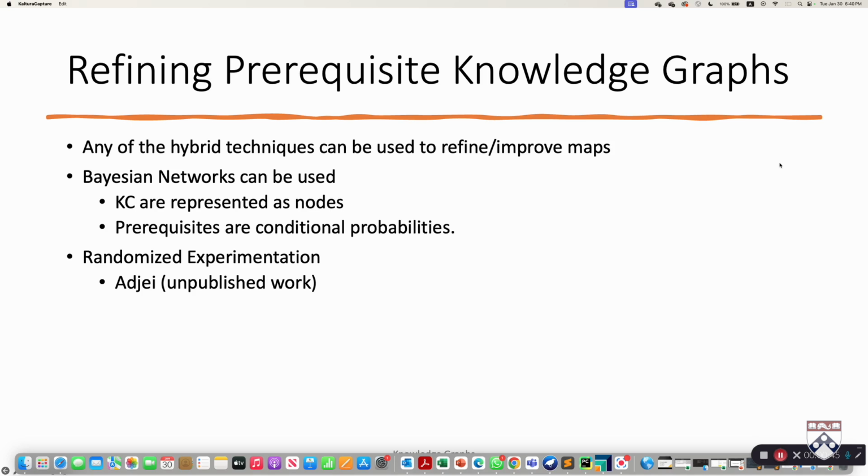You could also use Bayesian networks where the knowledge graph is represented as a Bayes net. The nodes in the Bayes net are the knowledge components, and the conditional dependencies between the nodes will be the prerequisite relationships amongst them.